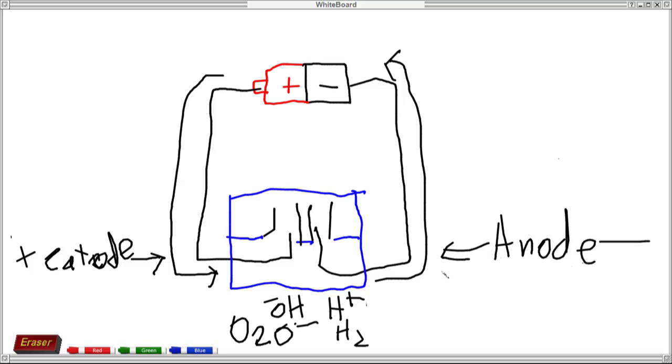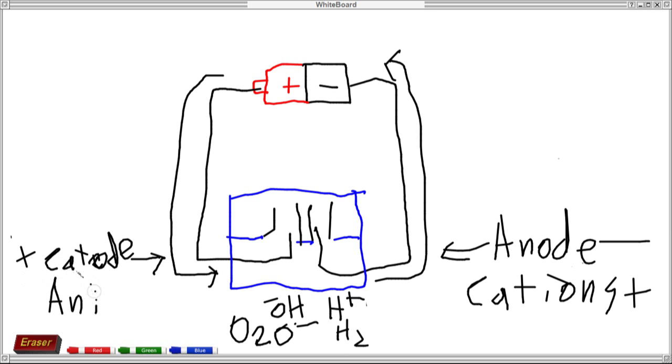And what these will collect is what you call cations, which are your positive ions, and right here, vice versa, you'll collect your anions, which are your negative ions. So that being the case, it'll collect these separately.